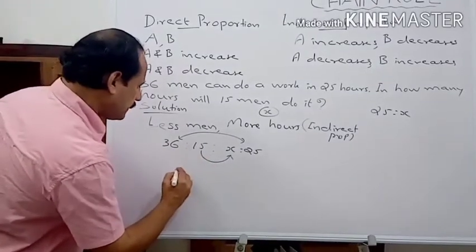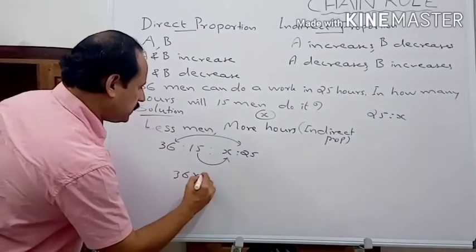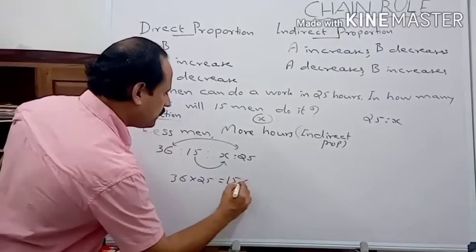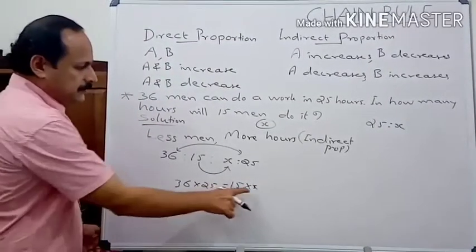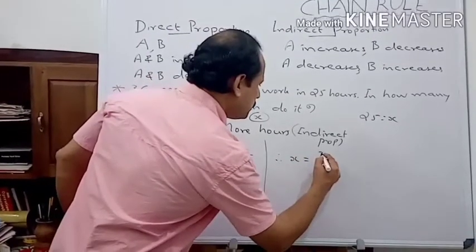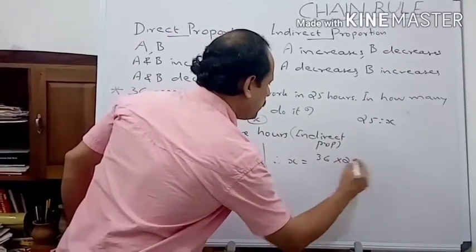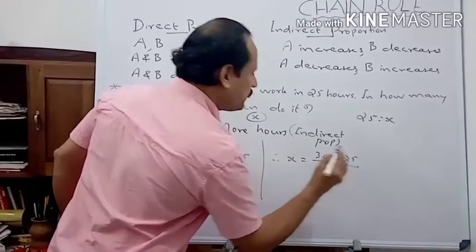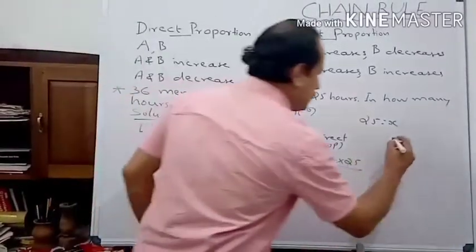And you multiply like this. Then 36 into 25 equal to 15 into X. From this, X equal to 36 into 25 by 15. Simplify that.